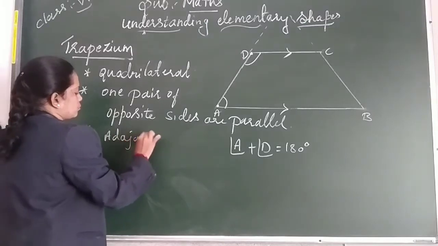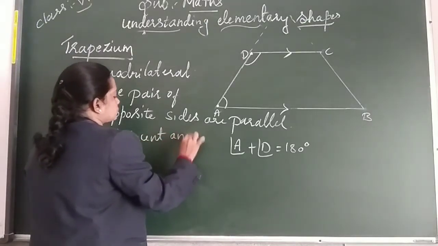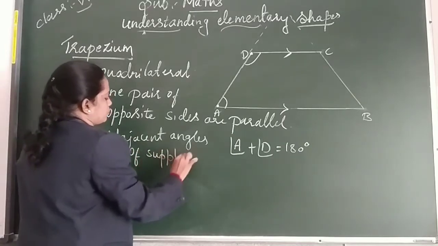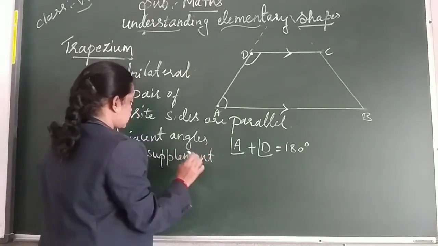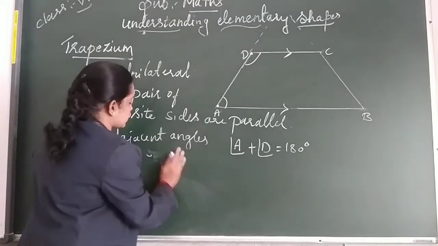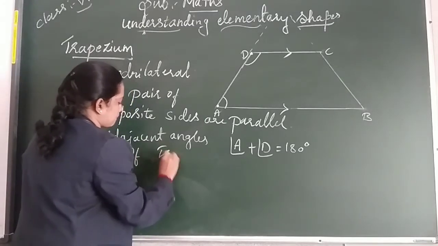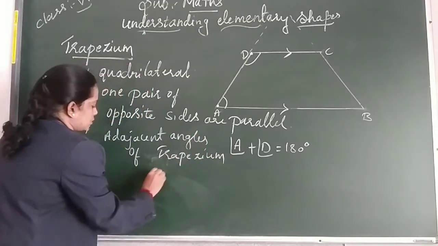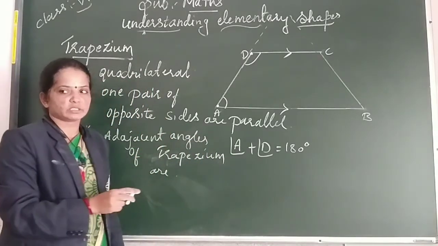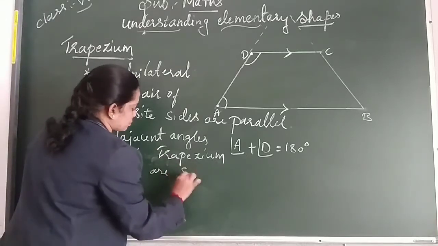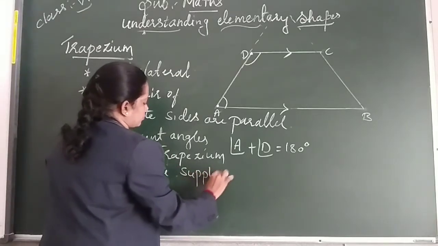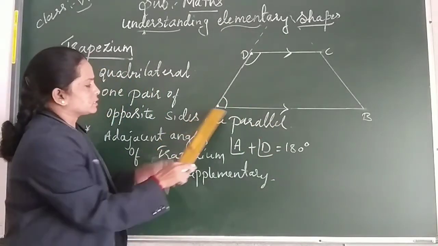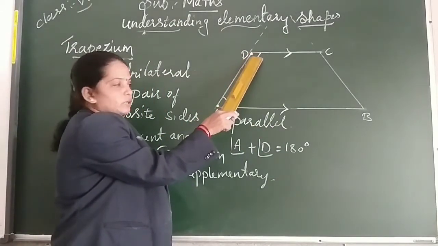So adjacent angles A and D, the sum of these two angles is 180 degrees.